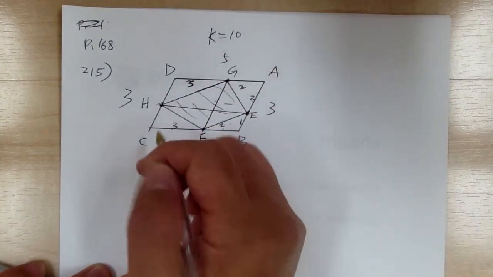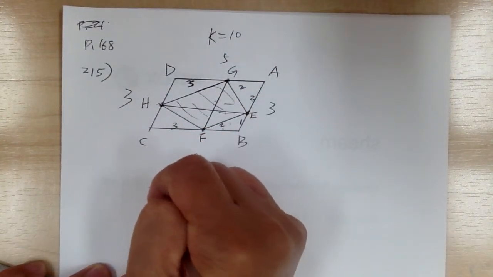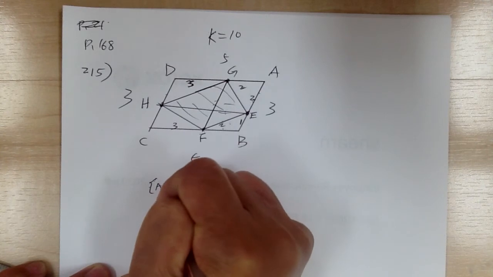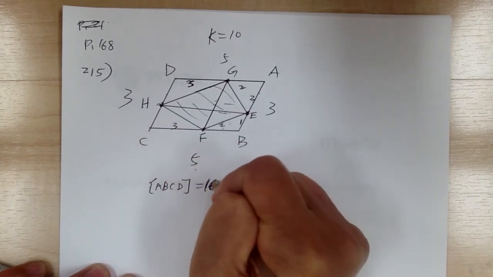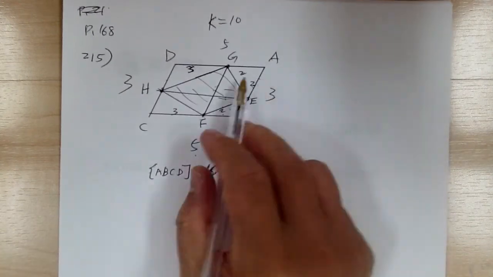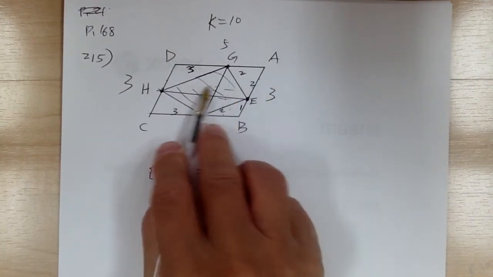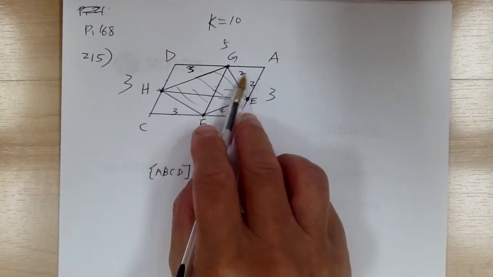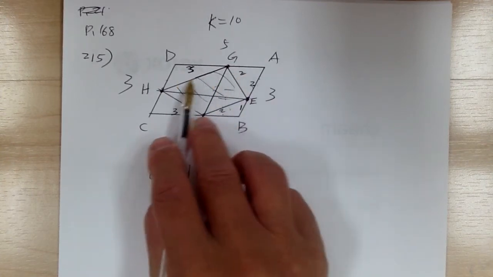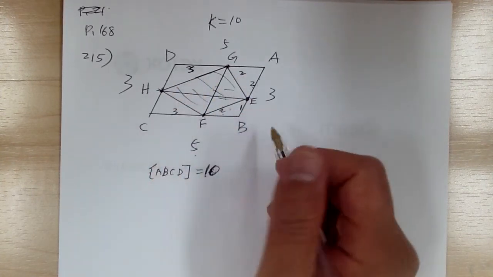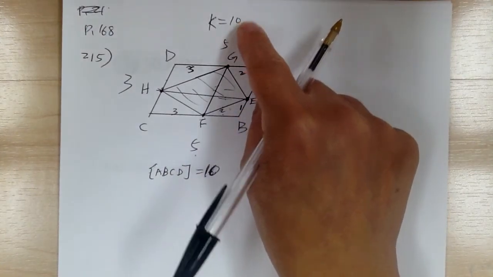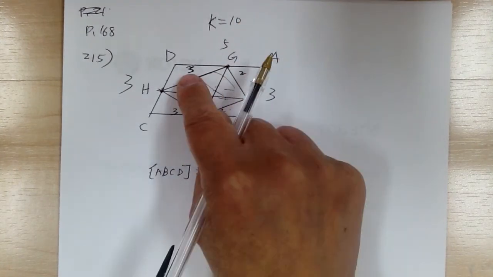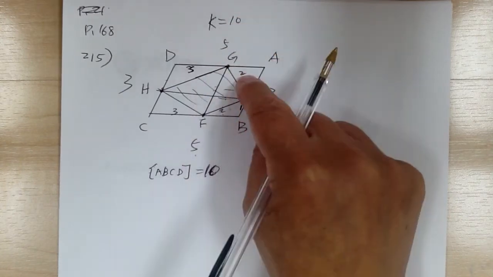Okay, so start with the area. ABCD is equal to 10. Now, both of these are parallelograms, and they are in a ratio of 2 to 3. You just divide this by 2, because 2 and 3 give you 5, and this area is 10, so just multiply by 2.